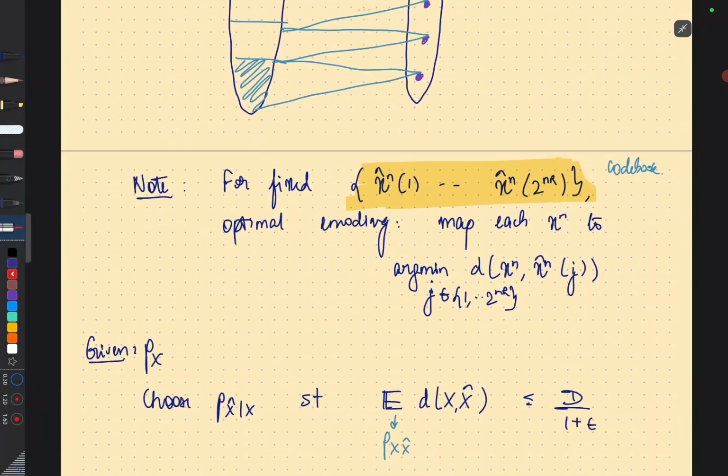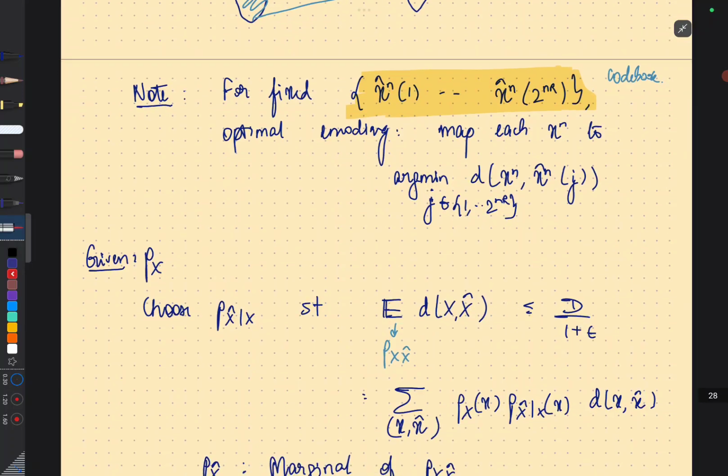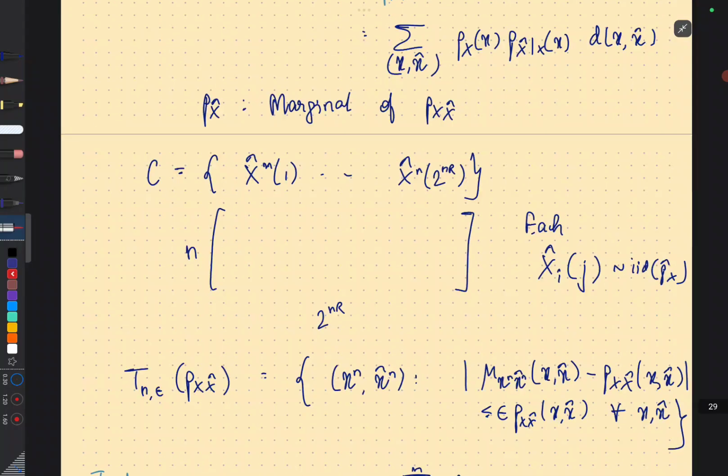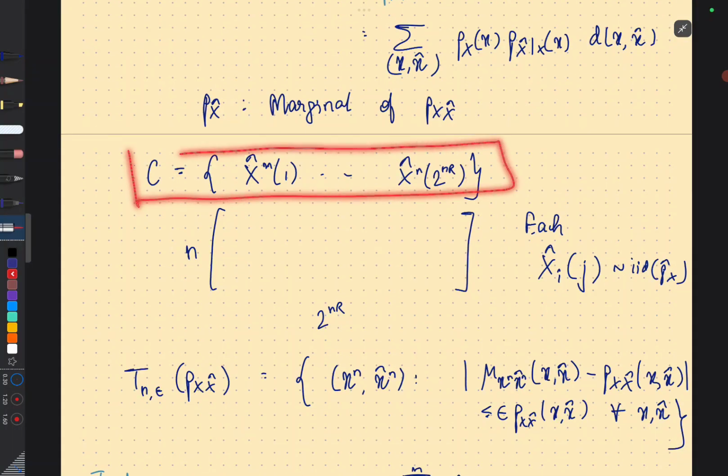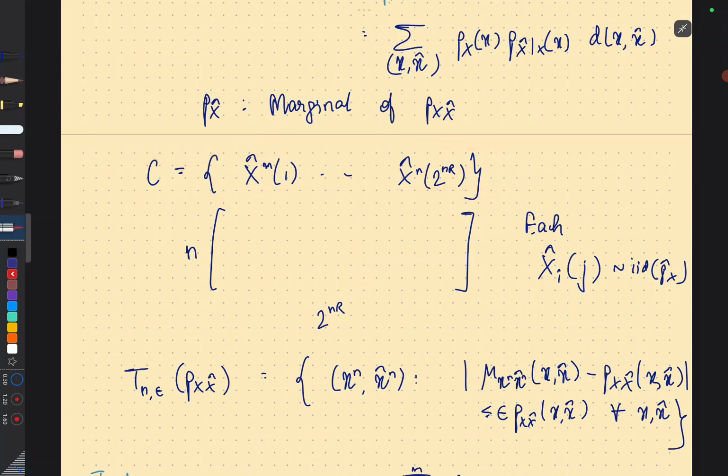For any fixed distribution, a coding scheme can be completely specified by two things. One, the code book, which is the set of all possible reconstruction sequences or code words. This is a collection of 2^{nR} sequences, all coming from X^n hat.